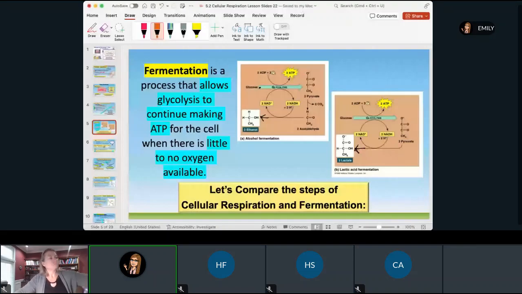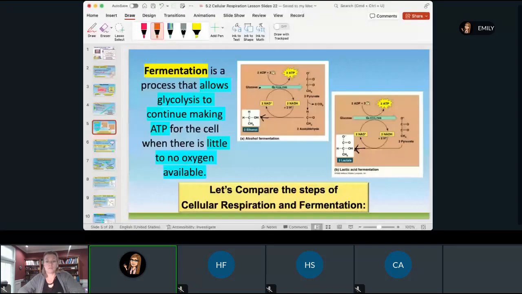And if there's a whole lot of pyruvate and NADH building up in your cell, your cell is going to recognize that and it's going to stop the glycolysis process, because the pyruvate isn't getting broken down anymore. And if it stops the glycolysis process, then you're not making any ATP because glycolysis produces two ATPs.